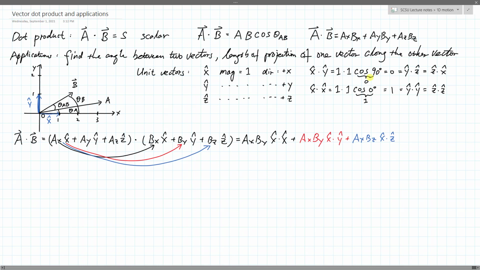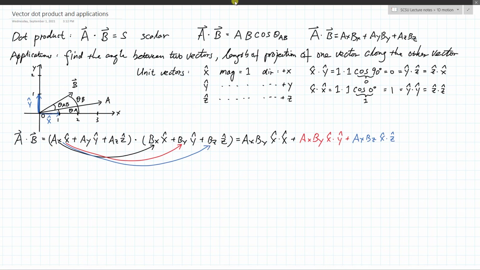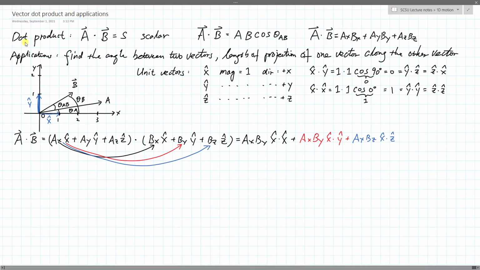That's only distributing one term, and then you distribute the next term, and the next term. The only things that are actually non-zero are distributing a term to the corresponding term that has the same unit vector, so you'll be dotting y with y. It's easy. I'll just draw this, and the other two distributions are 0. And then I'll draw that, and the other two distributions are also 0.